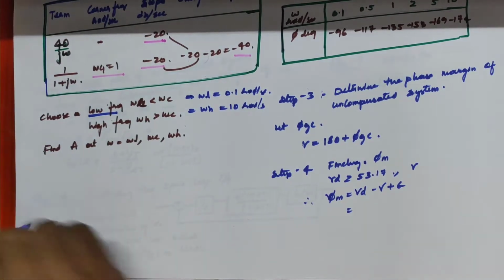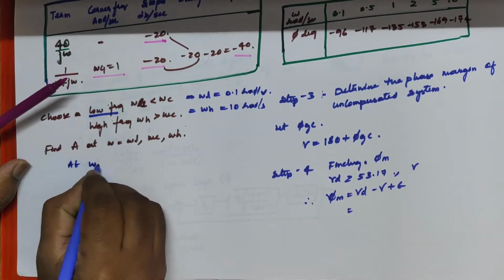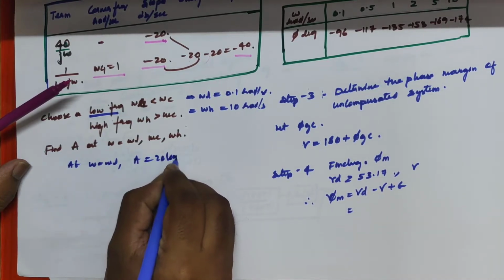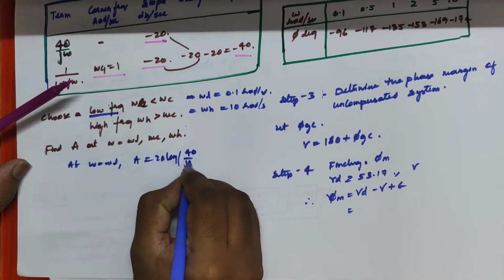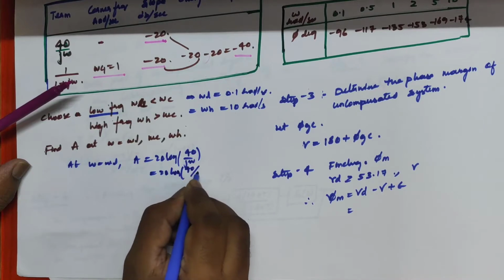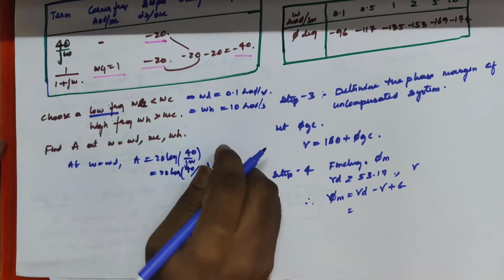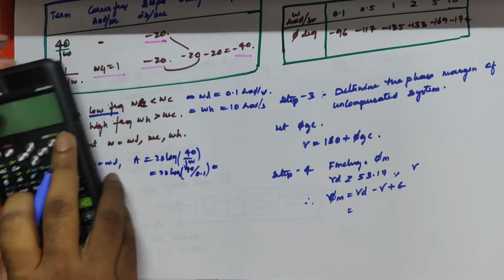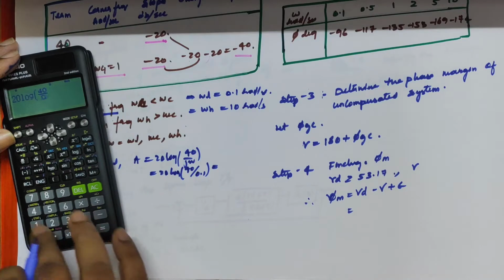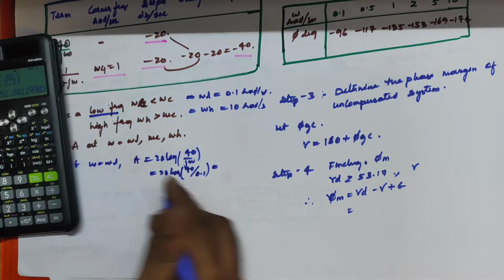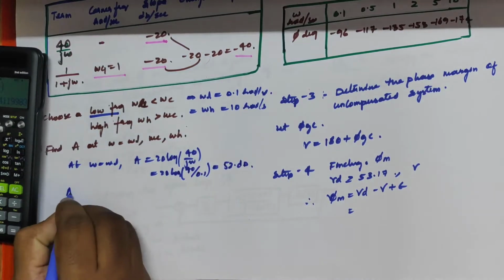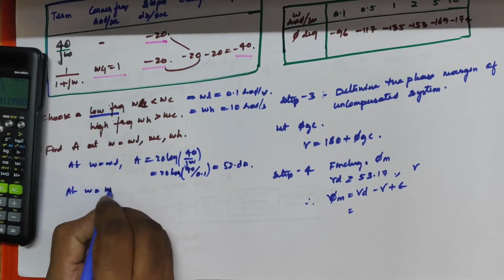At omega equal to omega l, A equal to 20 log of 40 by omega. Substituting, I get 20 log 40 by 0.1, which is 52.04 dB.